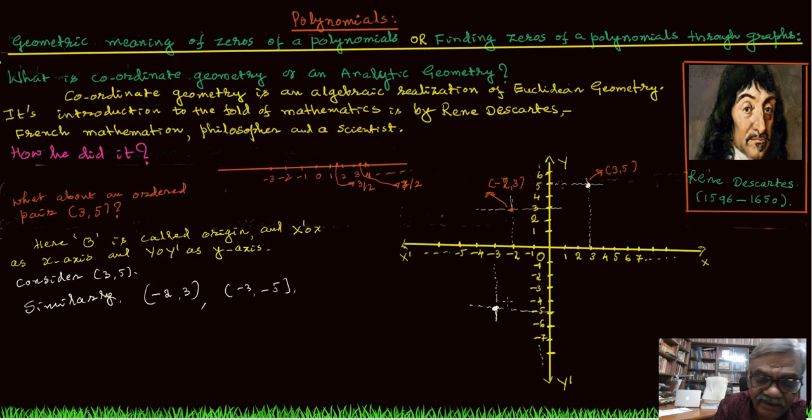This is the point (-3, -5), exactly symmetric to (3, 5).